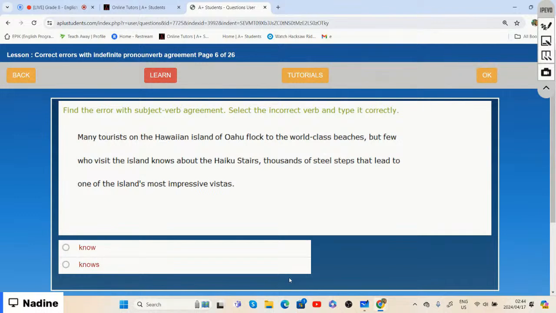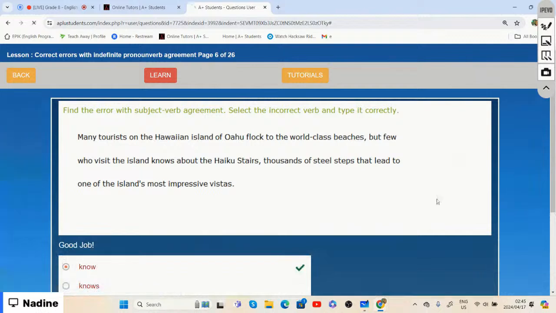All right, so we can say many tourists on the Hawaiian island of Oahu flock to the world class beaches, but few who visit the island know about the Haiku Stairs. So they know about the Haiku Stairs.